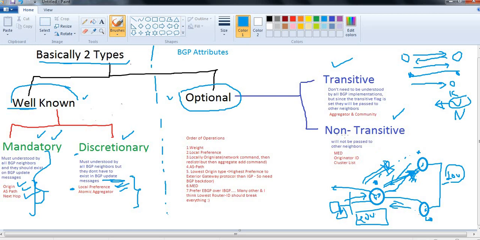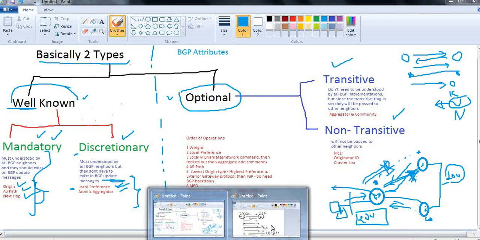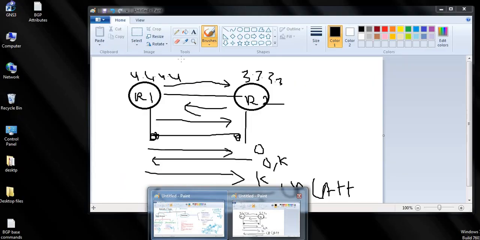There's one more called the non-transitive attribute. Non-transitive will not be passed to other neighbors, so they don't have to be understood and they don't have to be carried in the BGP updates. So to give an example, I see that it's a bit difficult to understand.